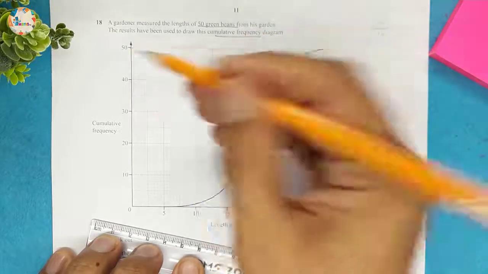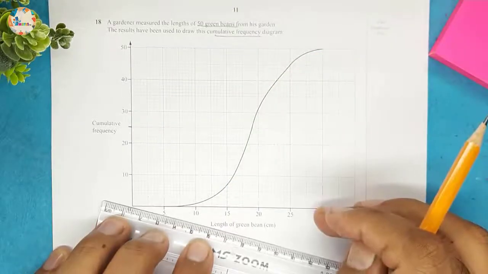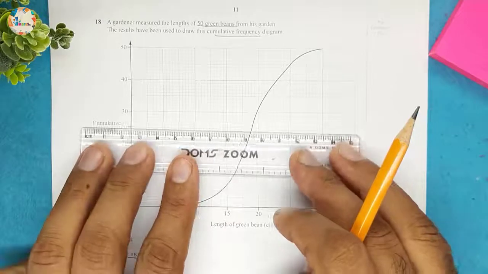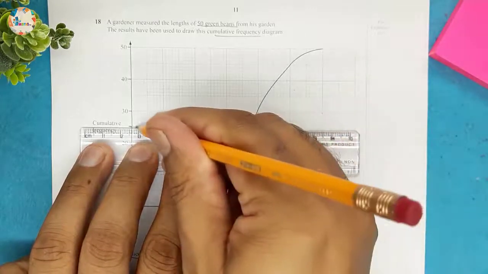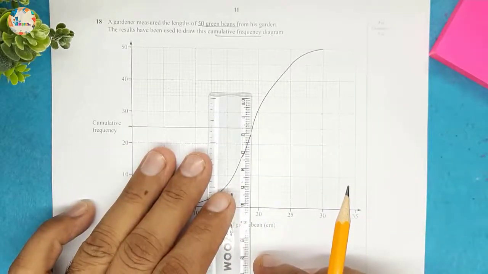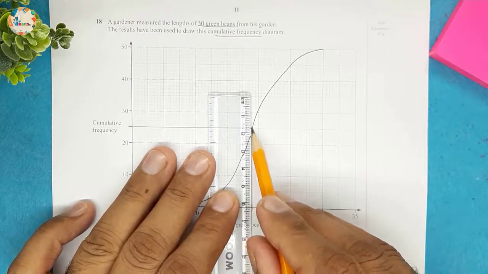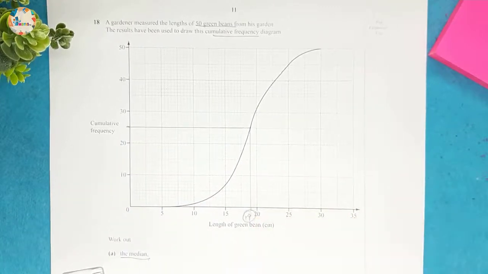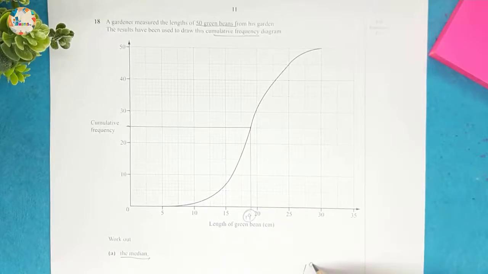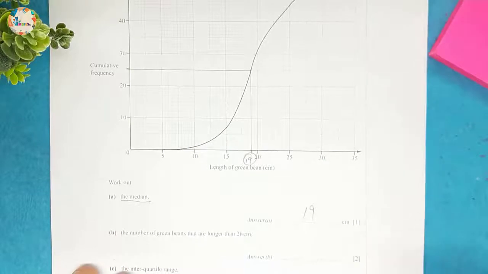Basically this is 50, so 25 will be this one. We will be checking the reference from 25, and we can draw it also. This will be for the median, and if we check from this side, this is basically 19 over here. So the median value will be 19, which we can write at this given place.